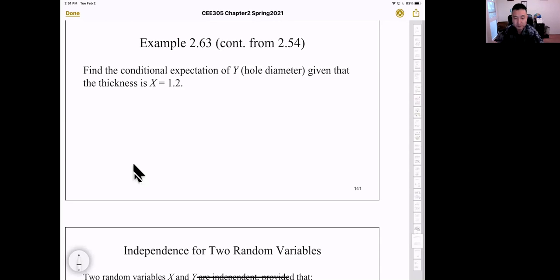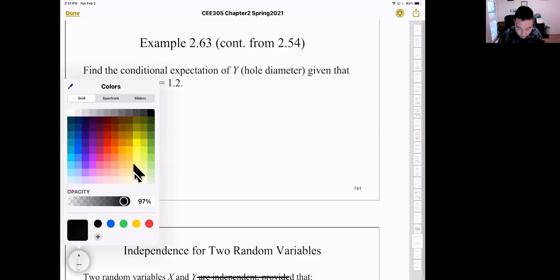So find the conditional expectation of y, also from the previous example, given that the thickness is 1.2 millimeter.